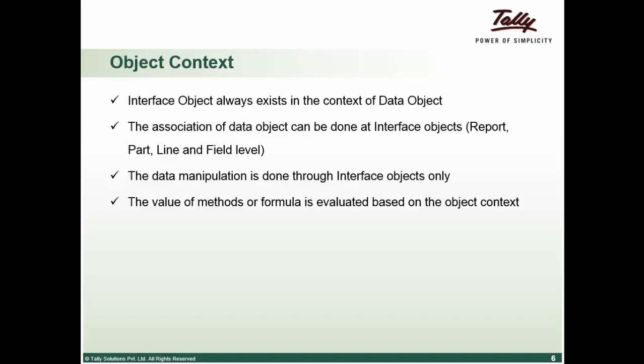So whatever is available at the current context of the interface is the basis on which the evaluation of formulas and methods will take place. Only if it is not available, it will go to the immediate parent for the data context. So generally, the child inherits the data context of the parent interface if the interface does not have an object association.